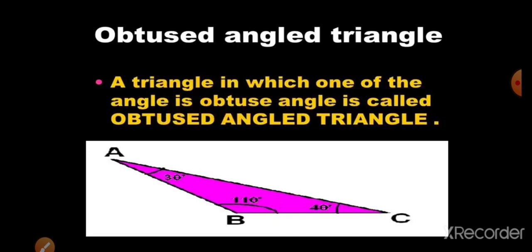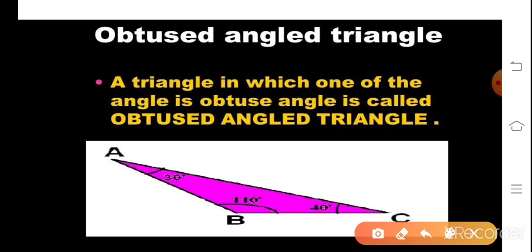If in a triangle any one of the angles is greater than 90 degrees, that triangle is called an obtuse angled triangle. For example, look at the diagram here. One of the angles, angle B, is 110. 110 is greater than 90 degrees. Therefore, this type of triangle is called an obtuse angled triangle.